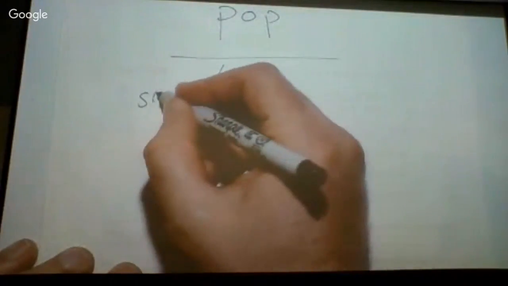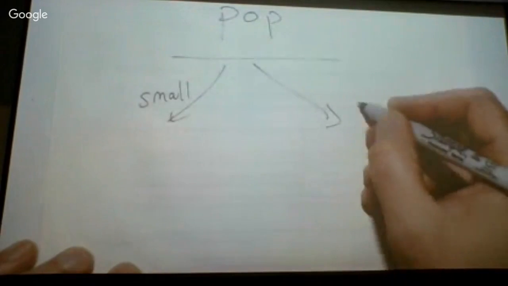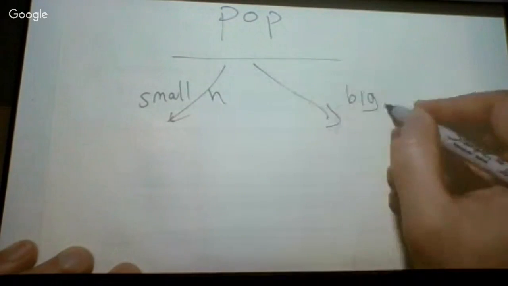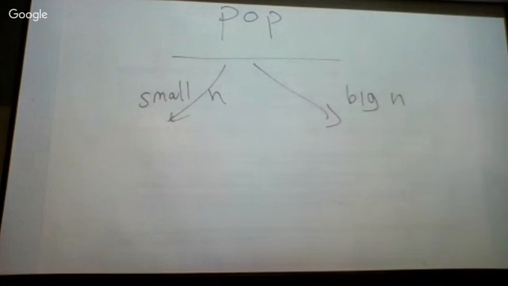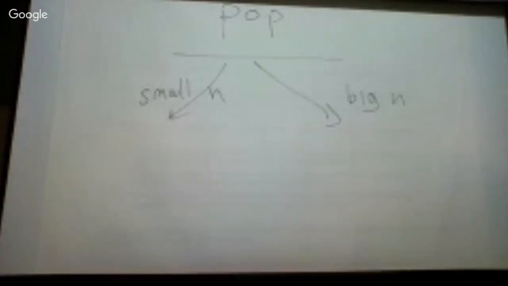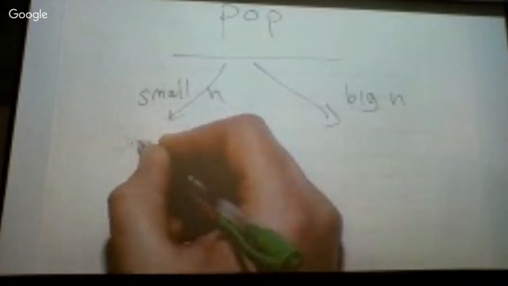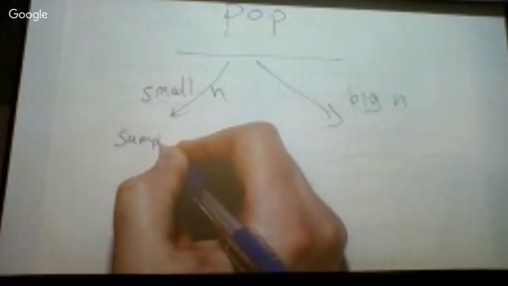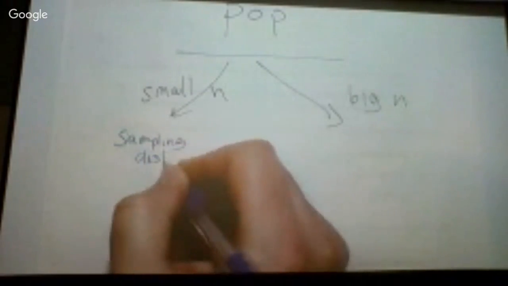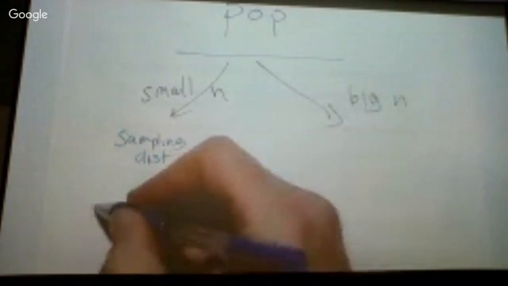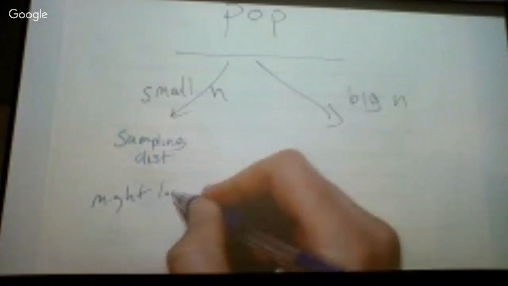But for whatever population we have, it doesn't matter, we can have a small sample size or we can have a big sample size. We've already seen what that does to the value of the standard error. A small sample size means our sampling distribution might represent the population.